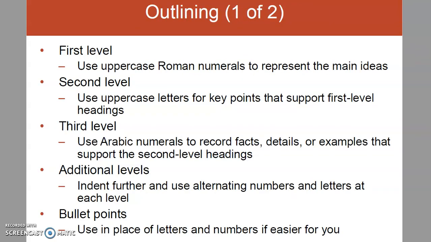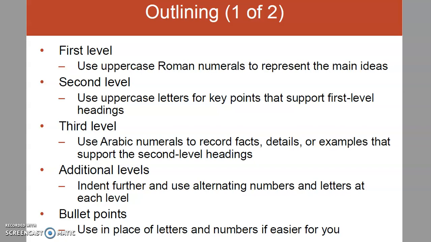There were several types of note-taking methods shown in this chapter, so I'll just quickly go through the types. And what's important is that you know about these different types in case one of these types of note-taking is more effective for you than another.